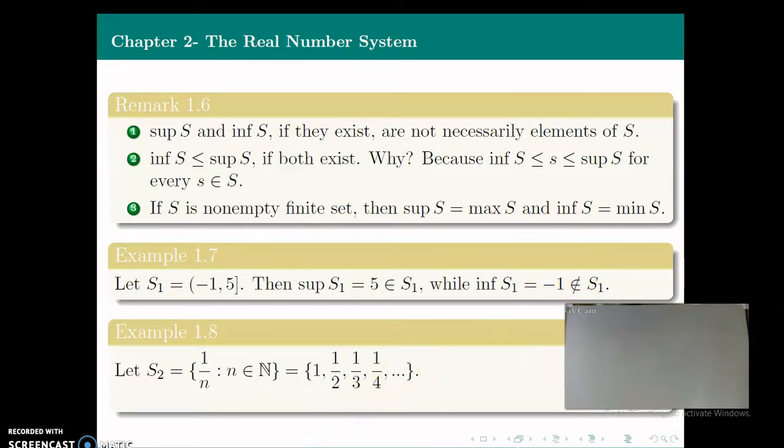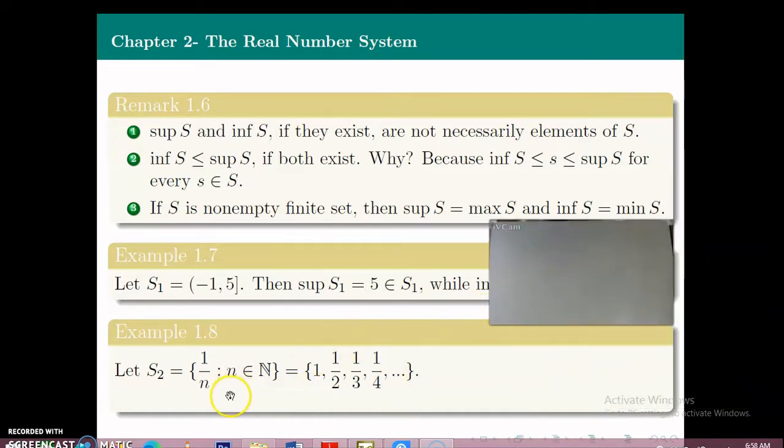Okay, for the second example, let us consider this set. Let's have this illustration. So this is 1. We have here 1/2. Next, 1/3 is somewhere here. Then 1/4, and so on. Notice that the elements of this set approach 0.